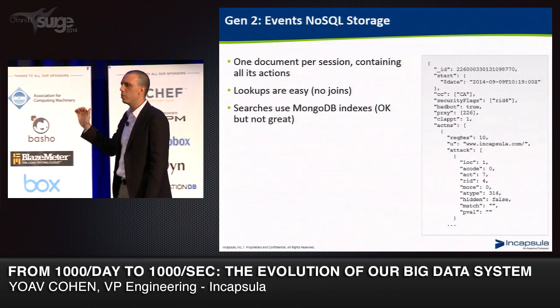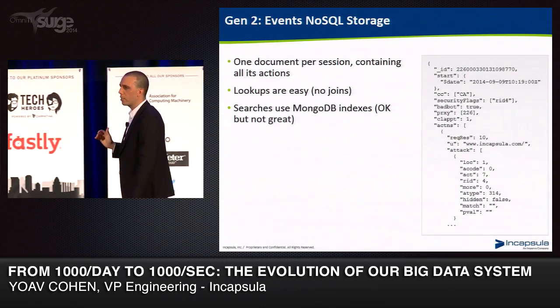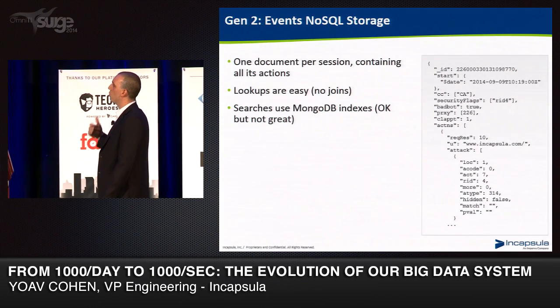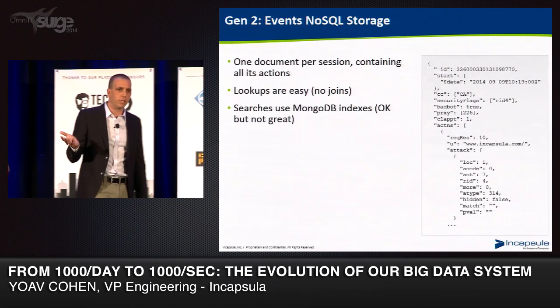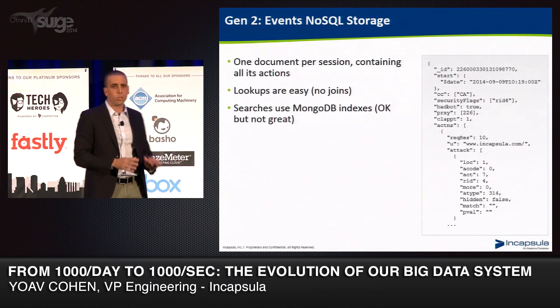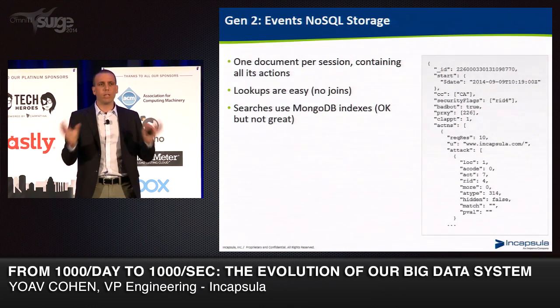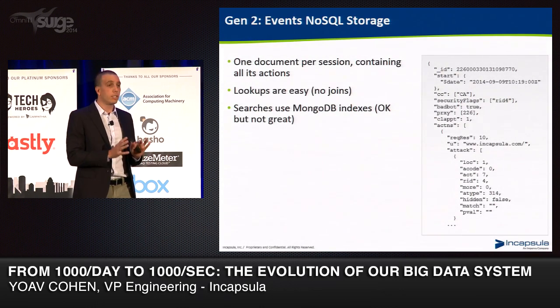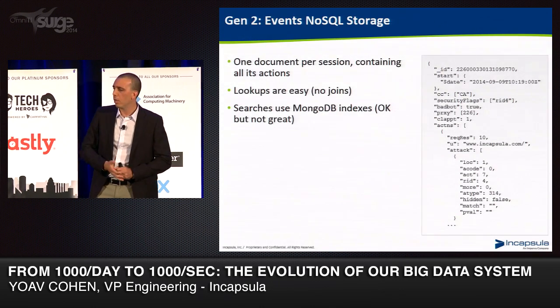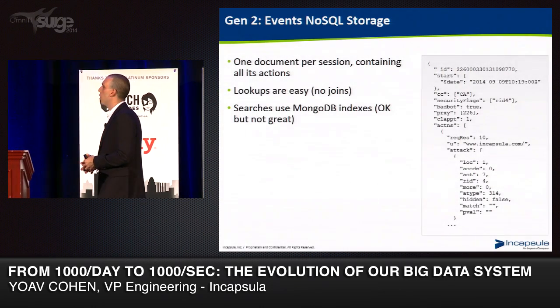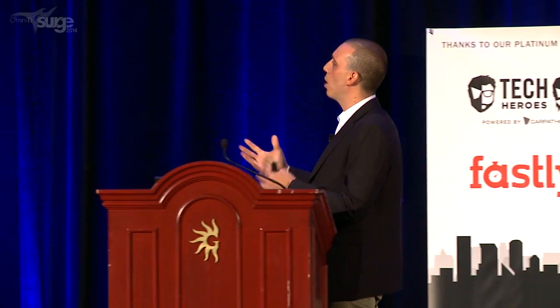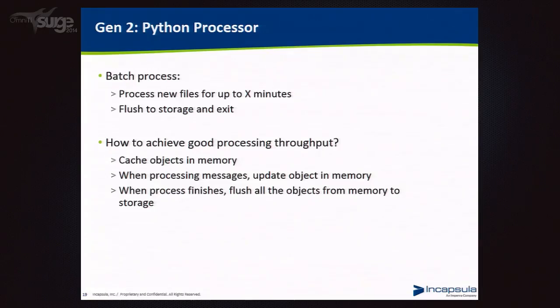And all of these filters are basically translated into MongoDB indexes. We used MongoDB indexes for search. And it was OK. It wasn't great. It wasn't very fast. But at least it worked, and it worked OK. But we very quickly reached the point that we couldn't do much more with MongoDB indexes. But it was OK for the time.